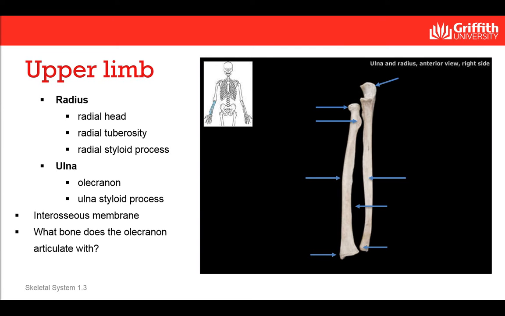Can you remember which bone the olecranon articulates with? That's right, it's the humerus.